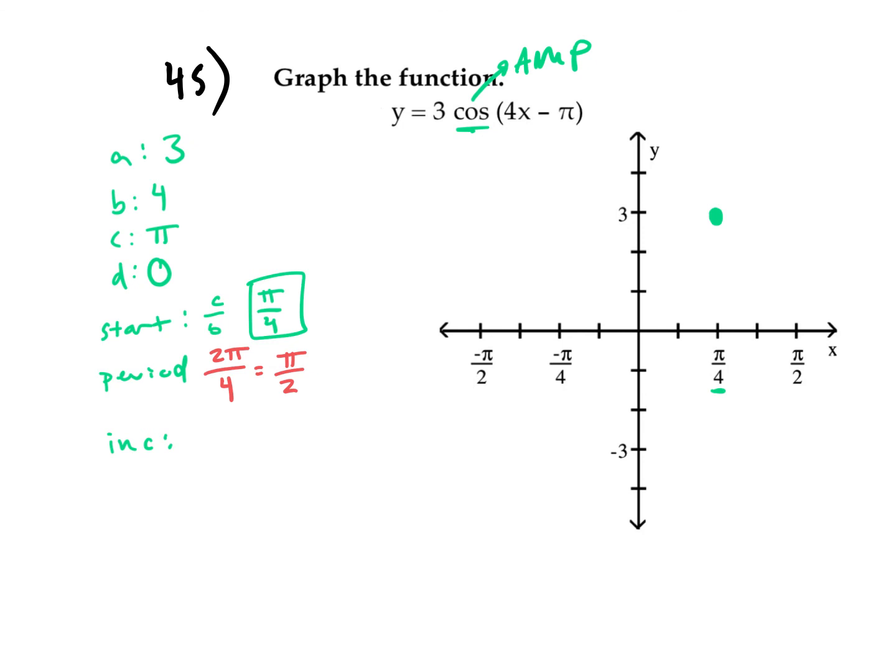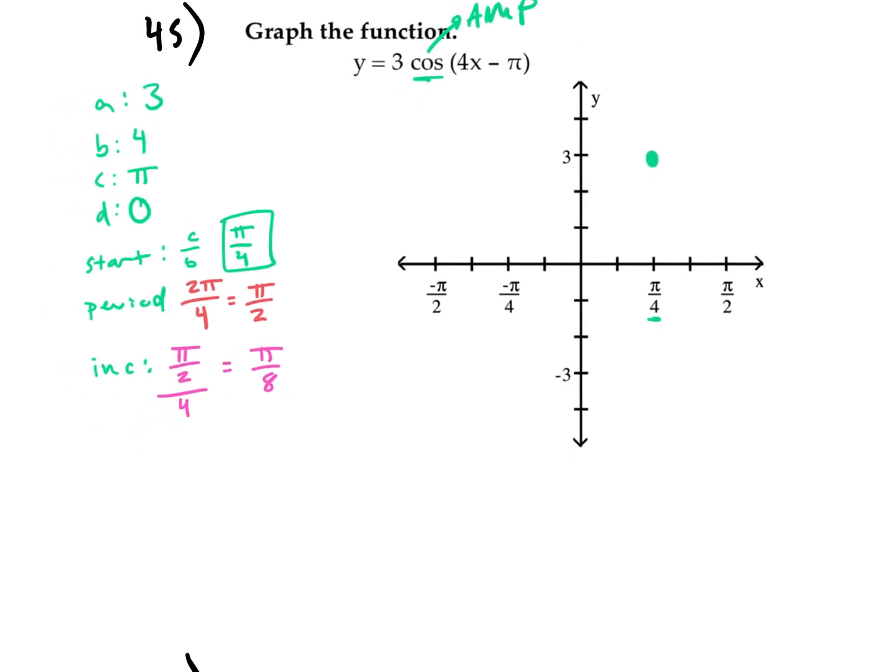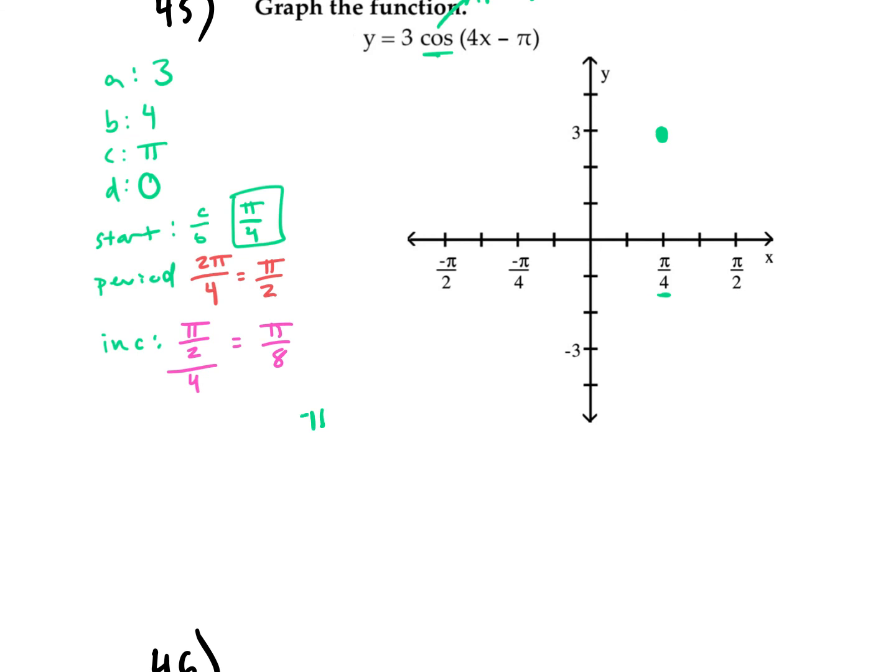And how do I find the increments? Period over 4. So pi over 2 divided by 4, which would be pi over 8. So starting with the starting point, which is pi over 4, I add pi over 8 to each increment. So I need a common denominator.